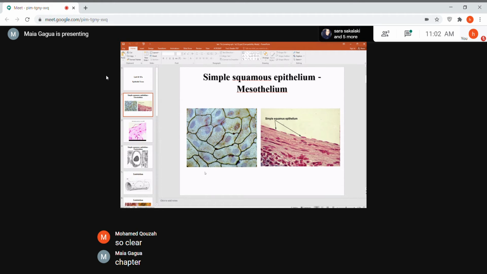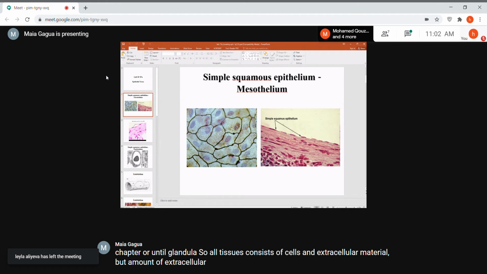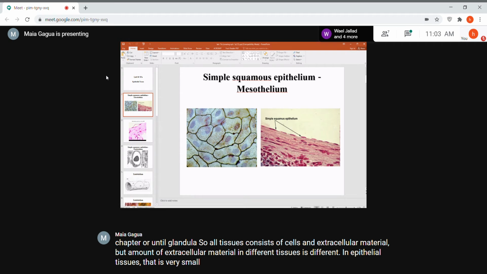So all tissues consist of cells and extracellular material, but the amount of extracellular material in different tissues is different. In epithelial tissues, there is a very small amount of ECM, and this tissue mostly consists of closely aggregated cells.